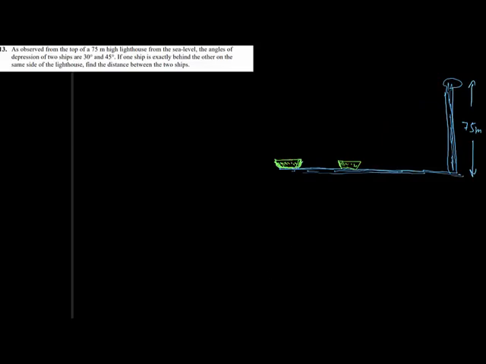So what we need to do is make the angles of depression. If this is the horizontal line, now you're making an angle of depression. You're depressing your sight downwards to this ship, and then again downwards to this ship, right? The bigger angle will be this whole angle here.